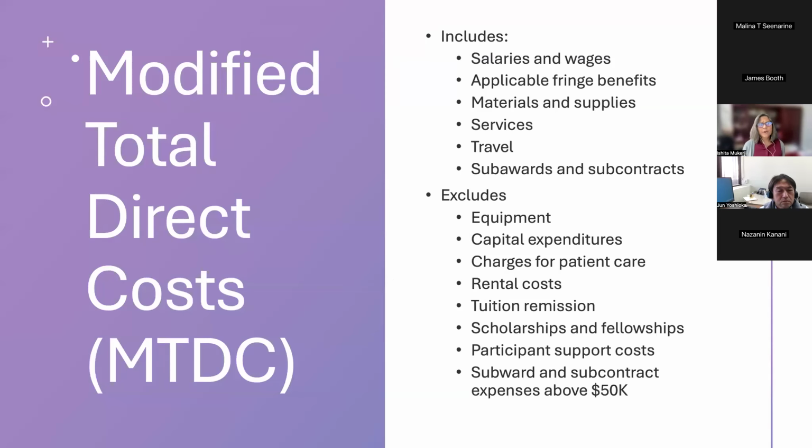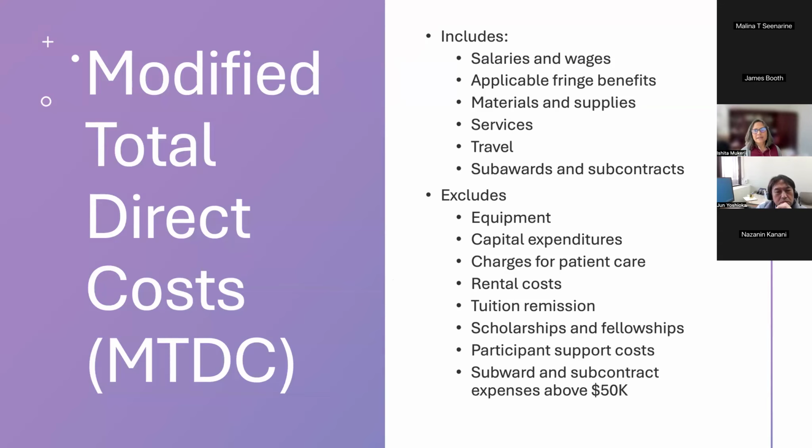Okay, so when we're talking about that application base, a phrase that is commonly used is modified total direct costs. Your direct costs are things that you put on your budget to support your research project.